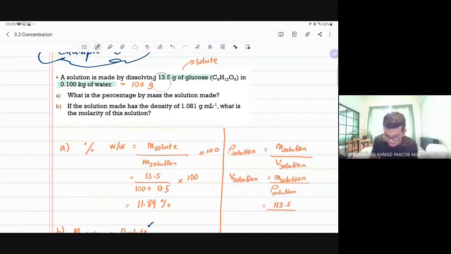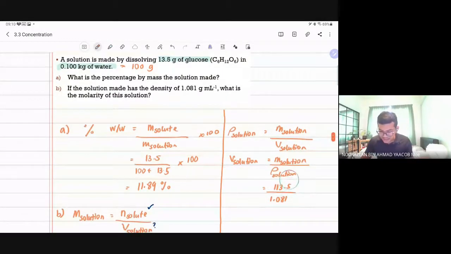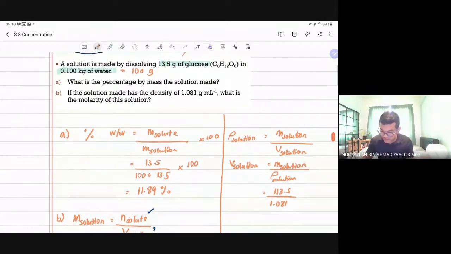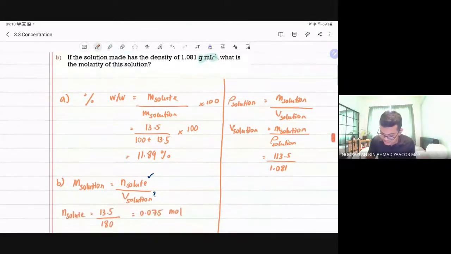Density of solution 1.081 grams per ml. Mass ni kita kira dalam bentuk gram. Okay. Density pula dalam bentuk grams per ml. Grams tu nanti akan cancel, kita akan dapat volume dalam bentuk ml. So kita akan dapat 113.5 bahagi 1.081.